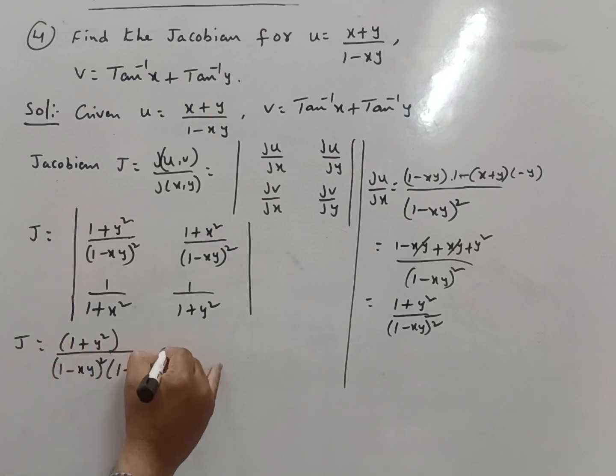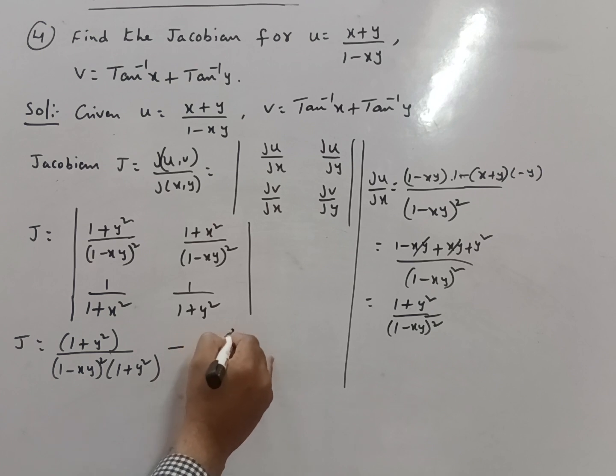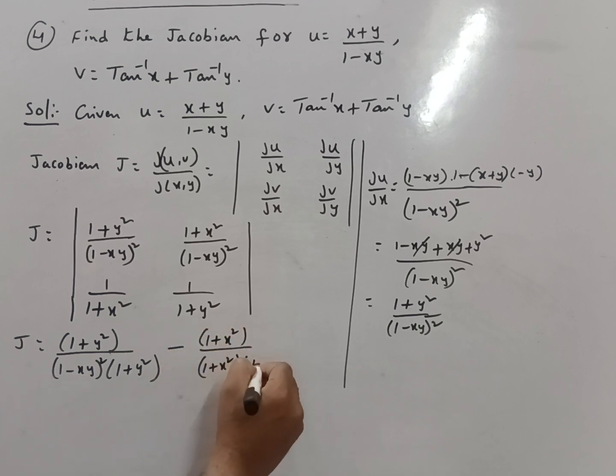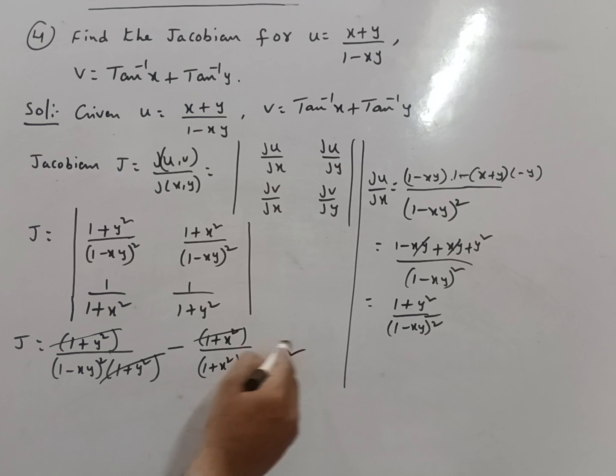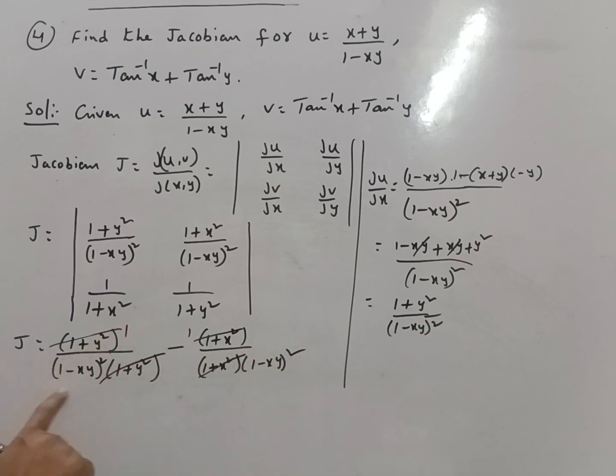Minus (1 plus x square) by (1 minus xy) whole square into 1 by (1 plus x square). See here, this part gets cancelled, this part gets cancelled, 1 and 1.